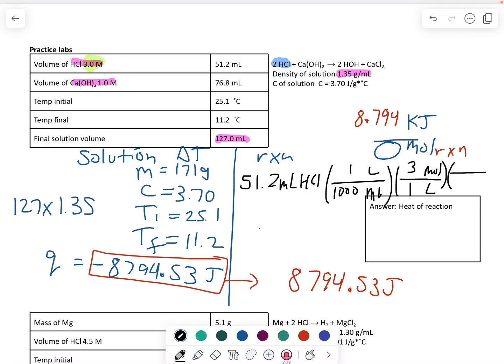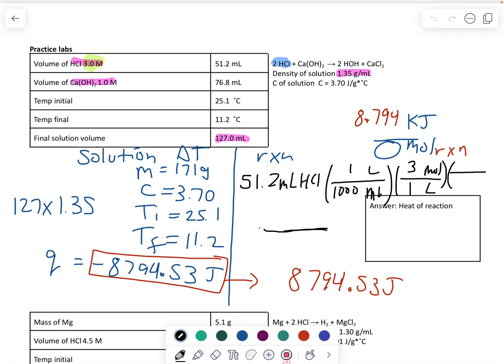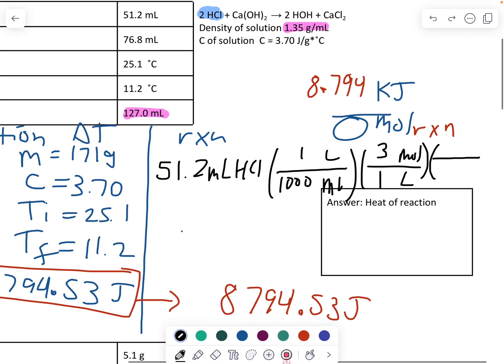So my last step is I want to go from moles of hydrochloric into mole reaction. And every time we do that, it's the coefficient per one reaction. From that, that's going to give me my mole reaction number.